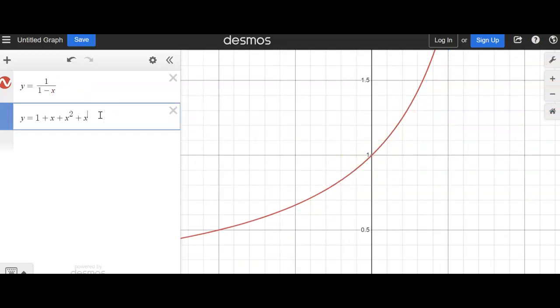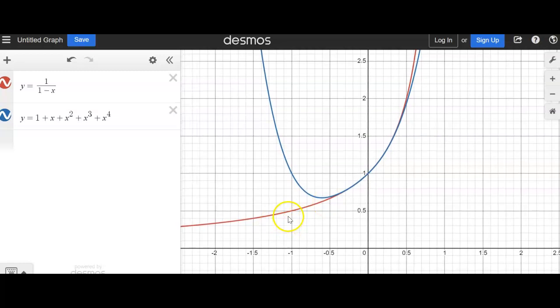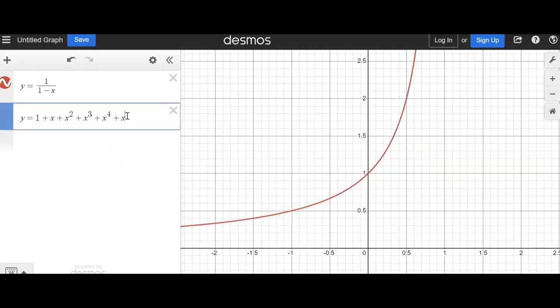Let's go up to x cubed. Even better, let's go up to x to the 4th. Even better. And so as long as I'm on this interval from -1 to 1, this infinite series, let's go out to x to the 10th.